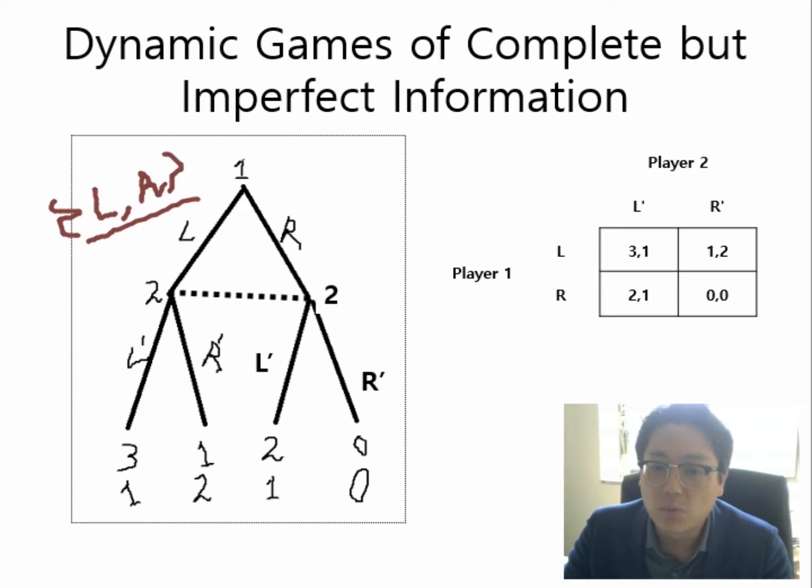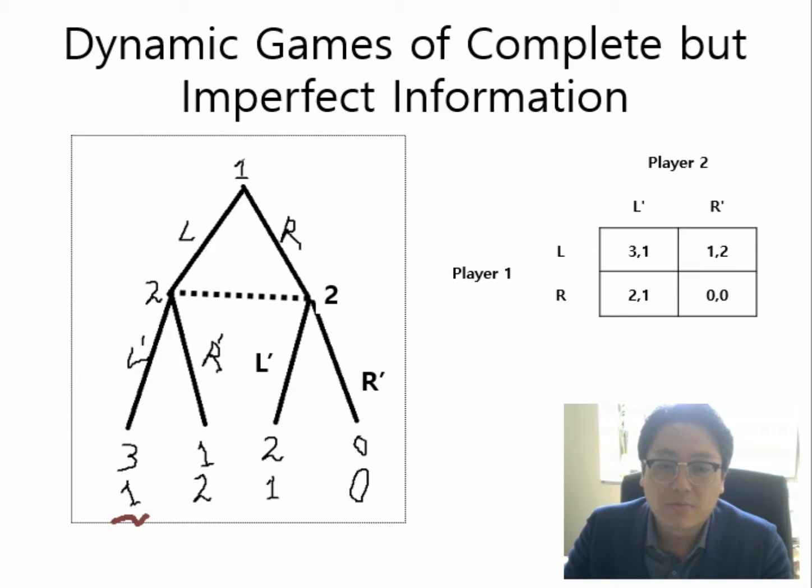That is the information the player has at each node, so the player cannot distinguish where he or she is standing. Also, as we can see, the names of the actions that the player can choose at these nodes are the same: L prime, L prime, L prime, and L prime. Because the branches are the same, the second player cannot be aware of where she or he is standing depending on the actions she can choose at each node.